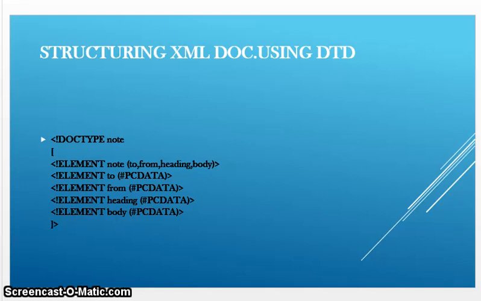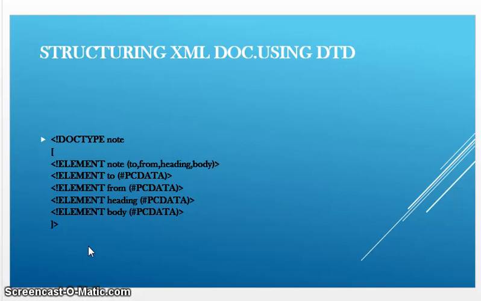Now we are going to discuss structuring XML documents using DTD. DTD stands for document type definition. This is the general syntax of the DTD form. Structuring an XML document using DTD with the correct syntax is called well-formed. An XML document validated against a DTD is both well-formed and valid.